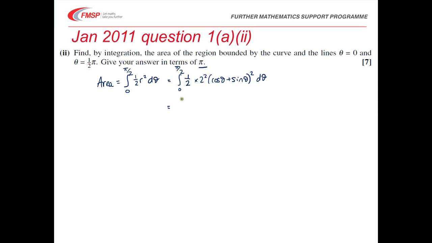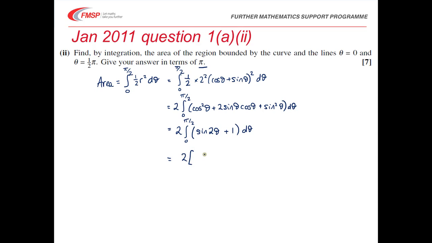So tidying that up, I've got a half times 4, which is 2. Take that out the front. Multiply out the brackets: cos squared theta plus 2 sine theta cos theta plus sine squared theta. And then use identities to tidy that up a little further. 2 sine theta cos theta is the same as sine 2 theta, and cos squared theta plus sine squared theta equals 1. So this is now quite a straightforward integration.